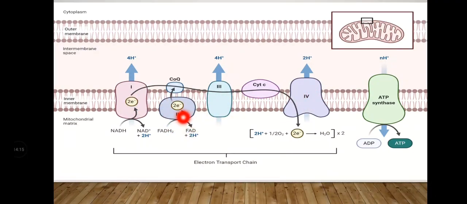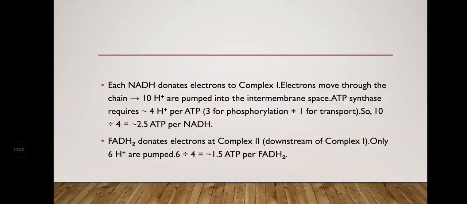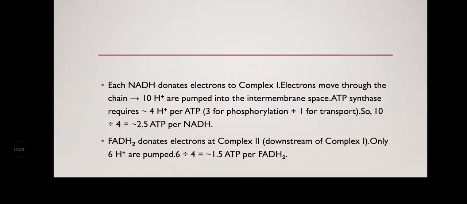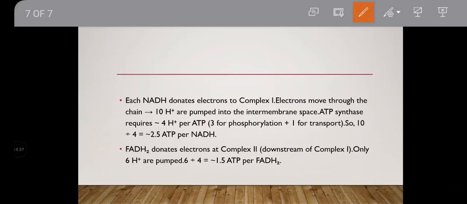FADH2, on the other hand, because it bypasses complex 1, the number of protons that are pumped as a result of FADH2 is what? 6, because it will be 4 that are pumped at complex 3 and the 2 at complex 4. So you have about 6 protons. That is for FADH2. So for NADH, we're saying about 10 protons are pumped into the intermembrane space. ATP synthase requires about 4 protons per ATP.